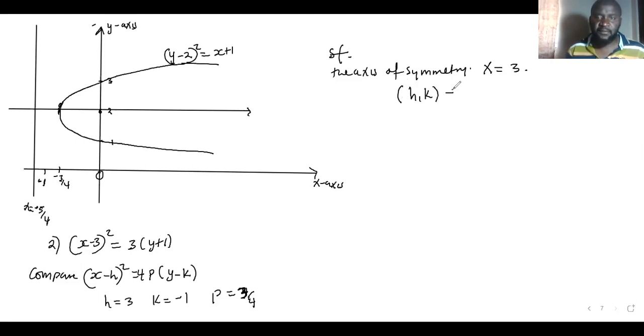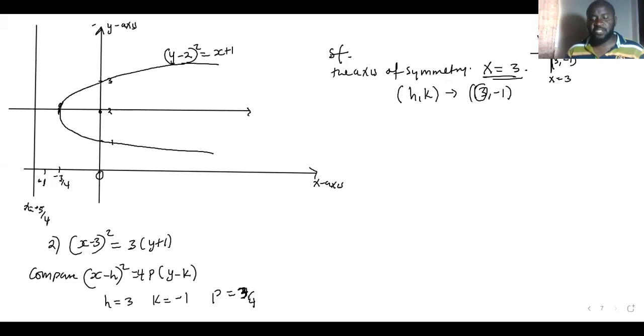So the vertex is at 3, -1. If you look at this entire line, it is the line x is 3. So the axis of symmetry is x is 3.